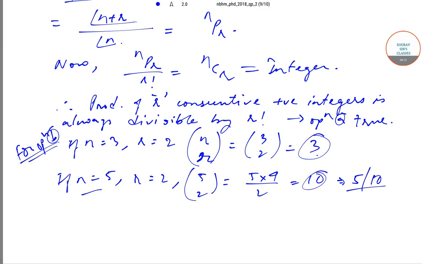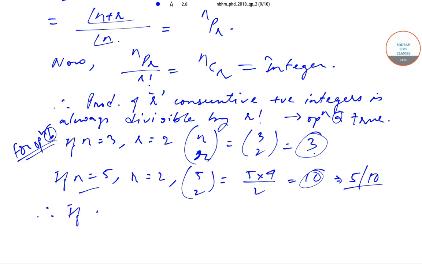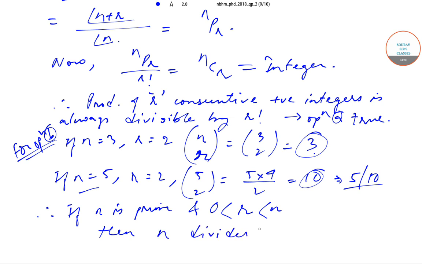So if n is prime and r lies from 0 to n, then n divides nCr. That implies that option B is correct.